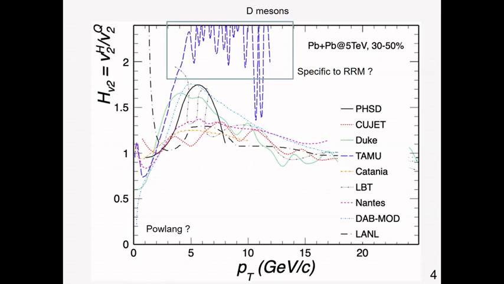So the effect is really very, very small. You can look in her presentation. There is a plot which says thermal, purely thermal. That is actually the ground state only, no feed down.